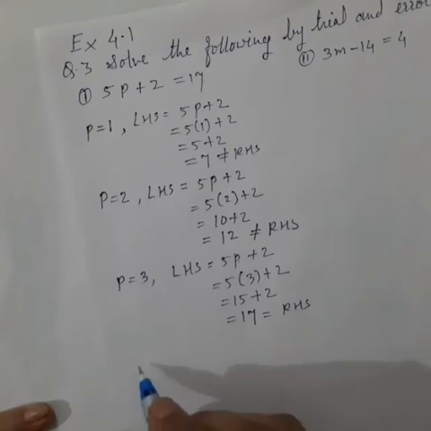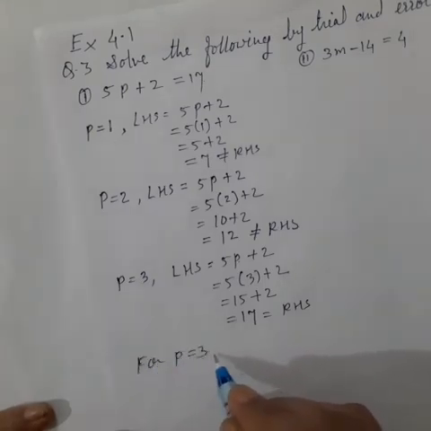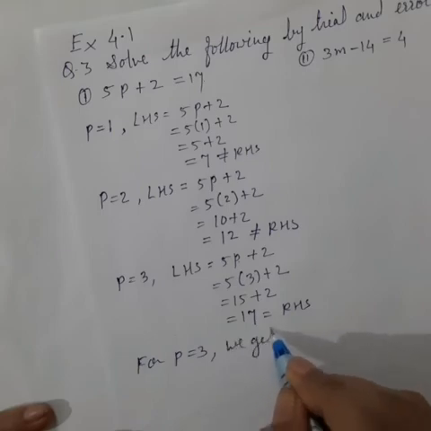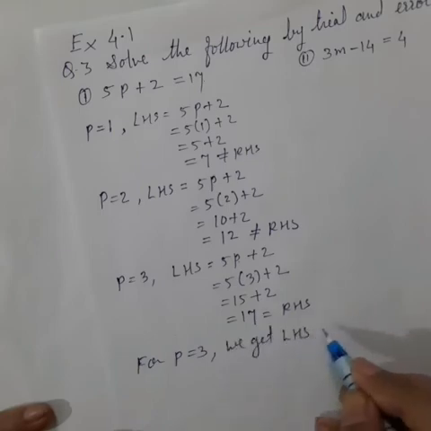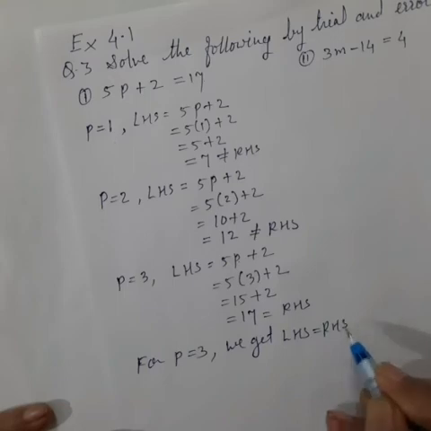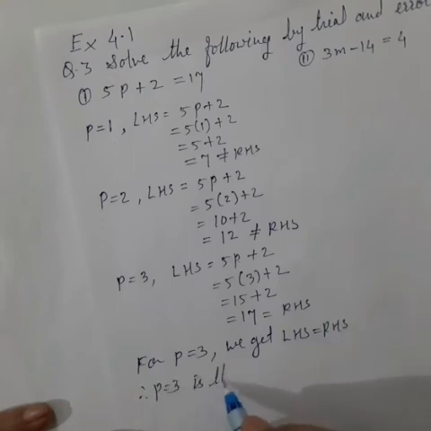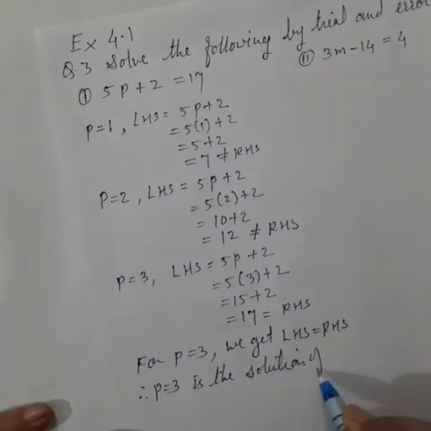So the answer is, for p equal to 3 we get left hand side equal to right hand side. Therefore p equal to 3 is the solution of this equation 5p plus 2 equal to 17.